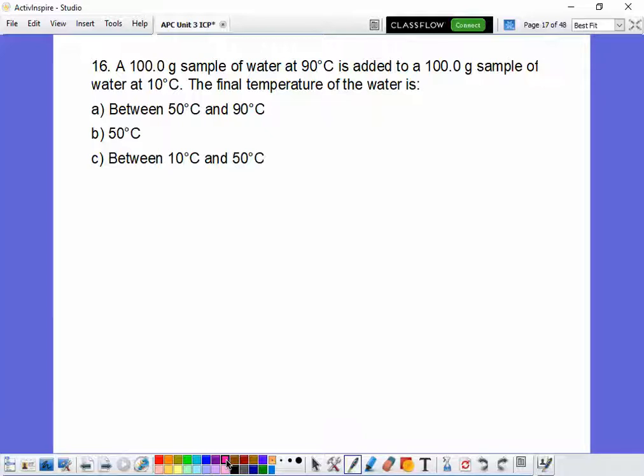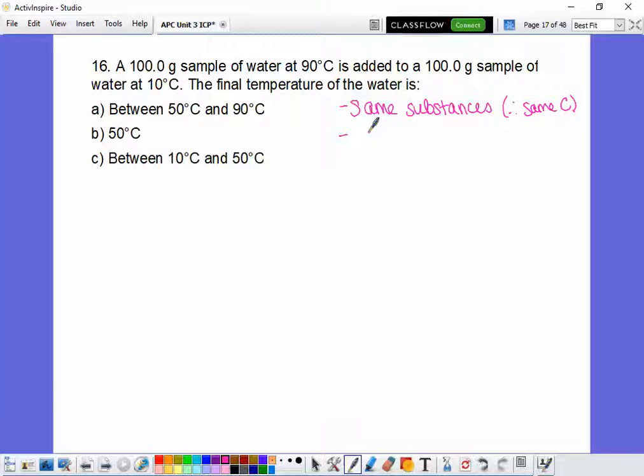But first, let's discuss what we know about our two samples of water. What can be said about their specific heat capacities? They're the same. Why? Because they're the same substance. So we have the same substances, therefore same C. What else can be said about these two samples of water?